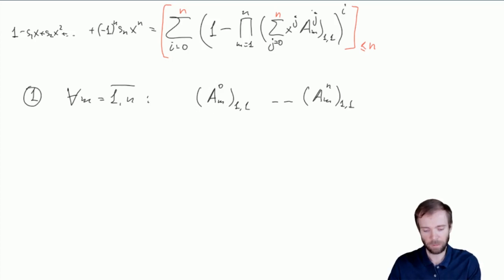This is just the identity matrix, so this guy of course is equal to 1. But formally it's convenient to have a notation for this. This would be alpha_m0, and the last guy would be alpha_mn.